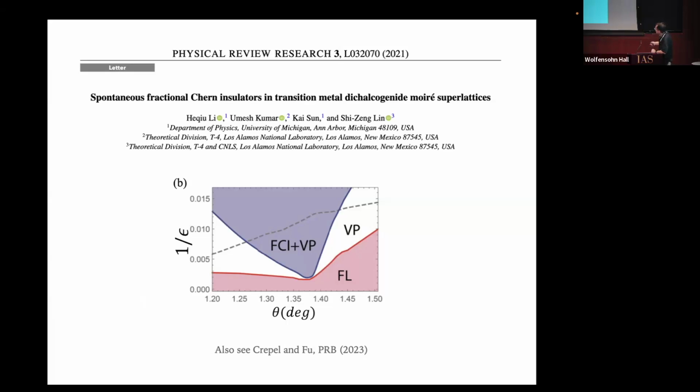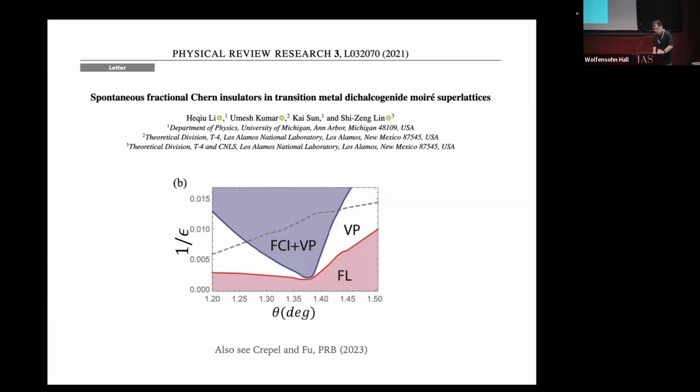What they predict is that as the twist angle changes, indeed there's an FCI state. It's also fully valley polarized and can be stabilized in the phase diagram, and roughly it's at 1.4 degrees. Now, if you go to a higher angle, then this state will be destroyed. So at least that's their prediction based on the first harmonic expansion.